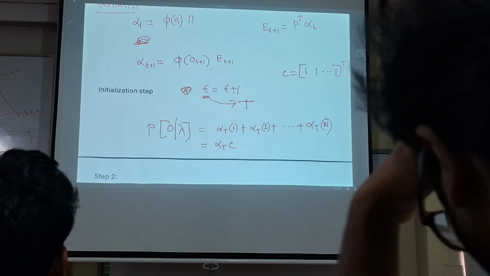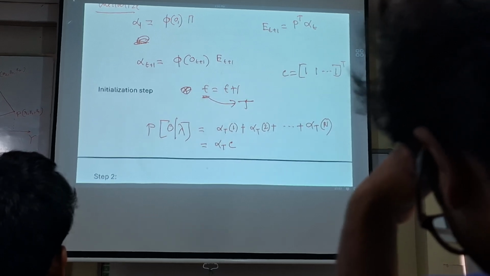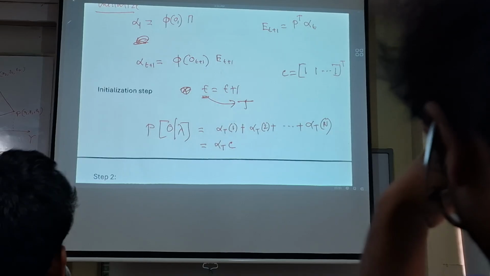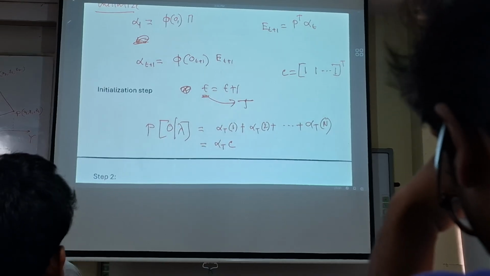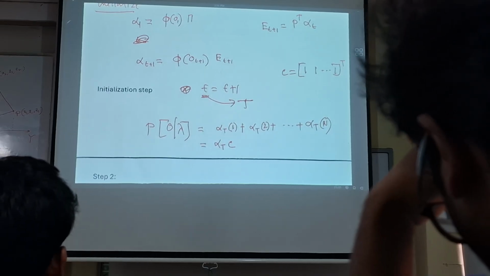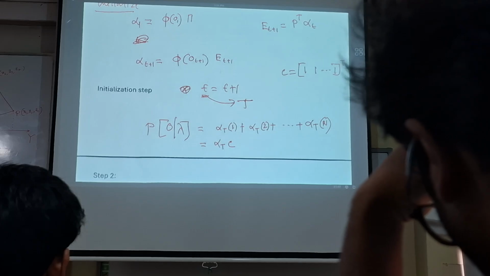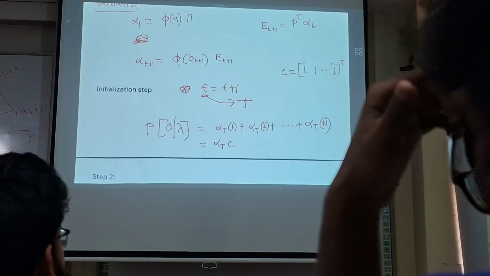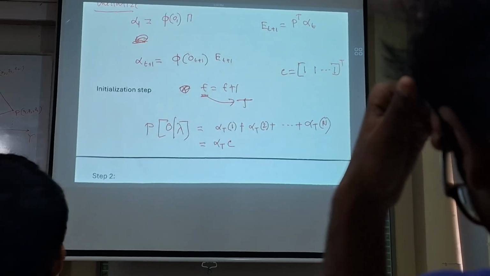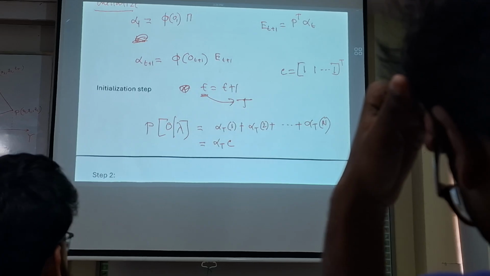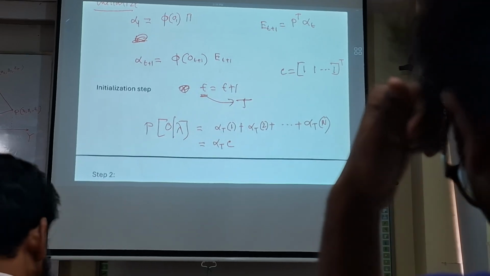C is the column vector with all elements 1. If C is the column vector with all elements 1, then actually it just sums the elements of the other vector. Any questions here? So once you understand this one, the chapter is done. Any questions?